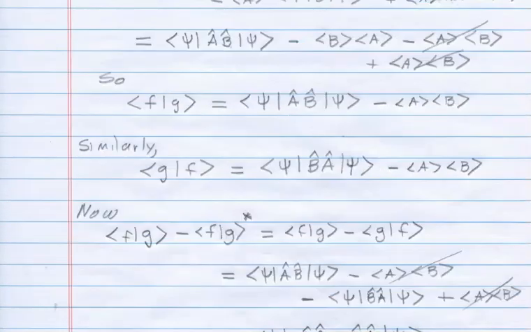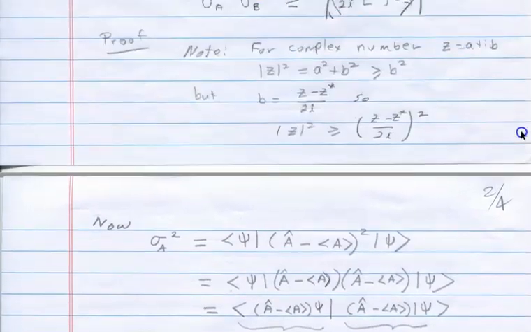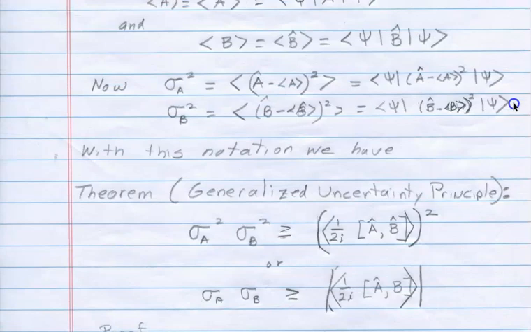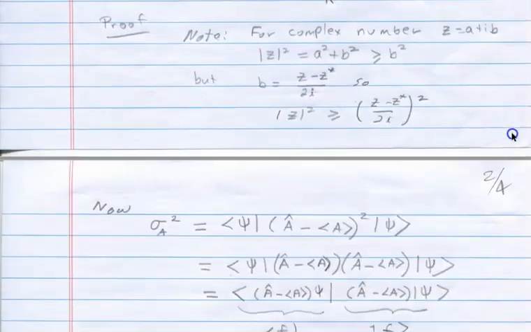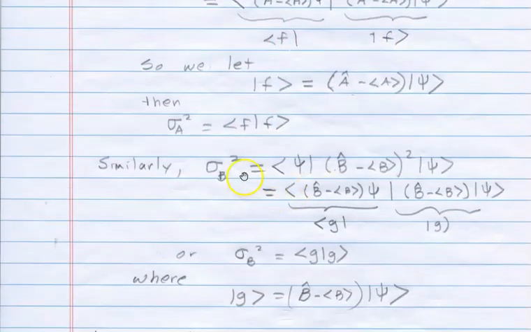Now then, we come back, remember, I come back up here someplace. See if I can find it. Sigma A squared is just F bracketed with F here, and sigma B squared is just this one.